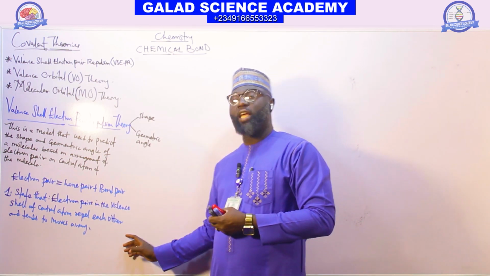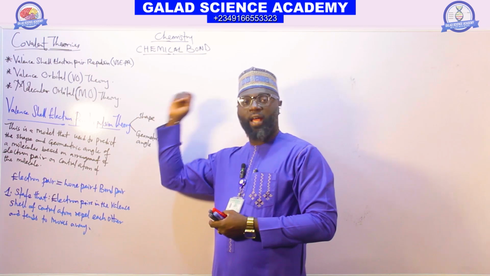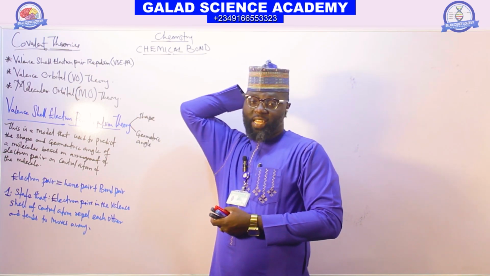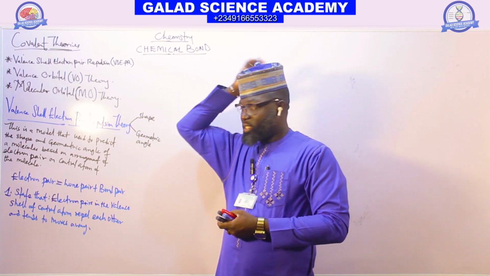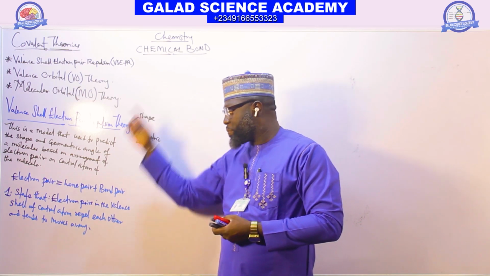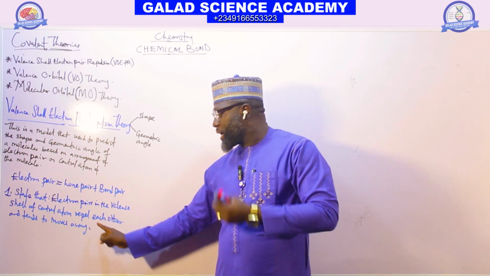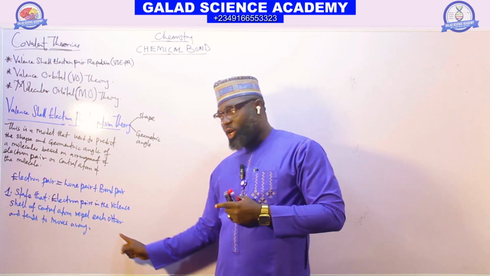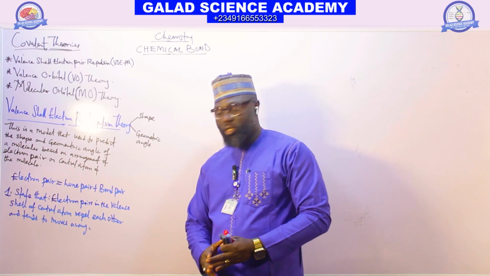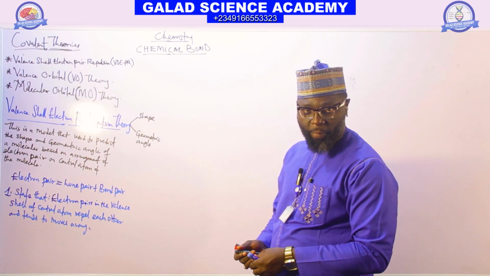The first postulate of VSEPR states that the electron pairs in the valence shell of the central atom repel each other and tend to move away.